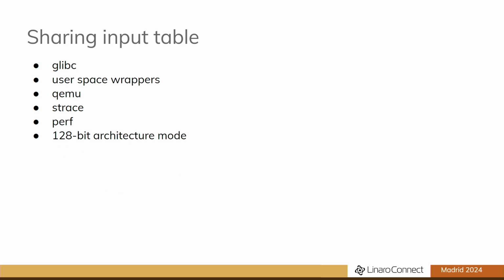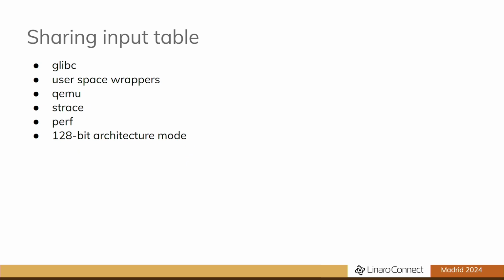QEMU has code for emulating user space for one architecture on any other architecture, and there's some handwritten code at the moment that converts the calling conventions if they don't match. And a lot of that can probably be generated once we have this information, but I have not actually looked into what's necessary for that.